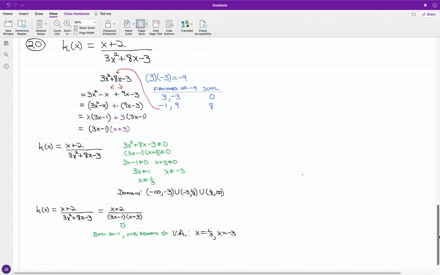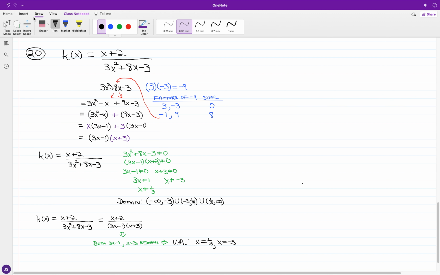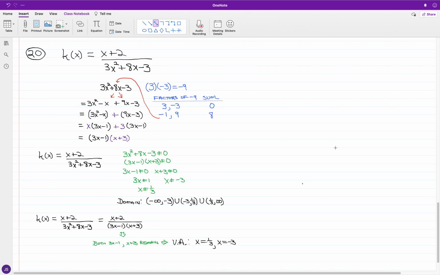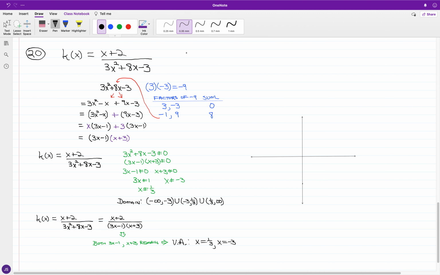So for the overall picture, again, on the x-axis we have the values of interest: -3 and also 1/3.